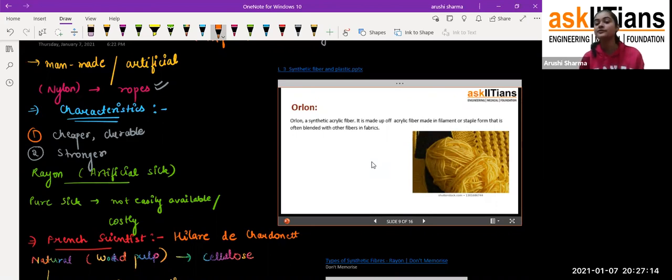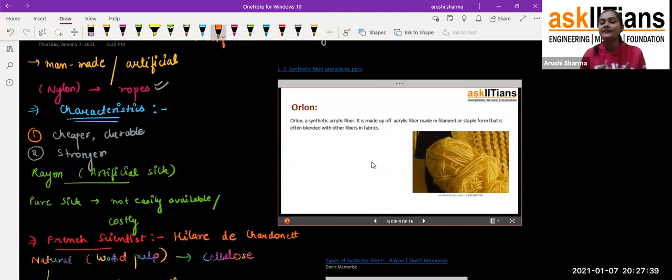So why do we use it as an alternate to wool? Because wool comes from a natural resource, an animal. And the natural resource for wool is the sheep; we get it from sheep.